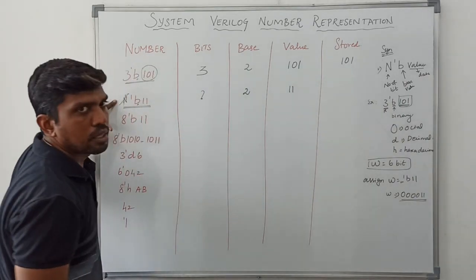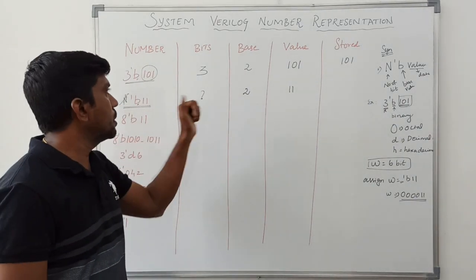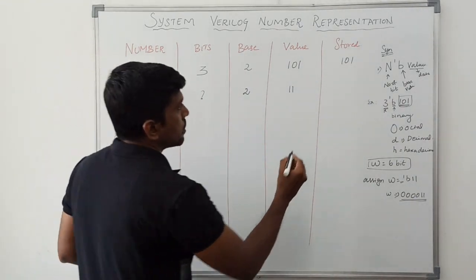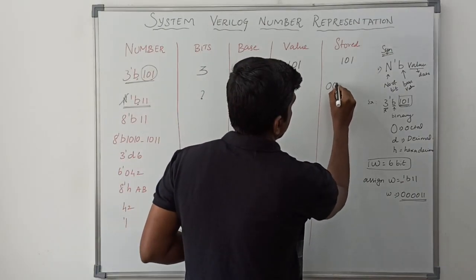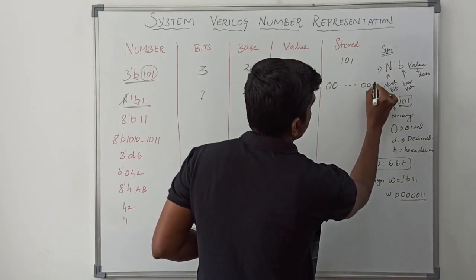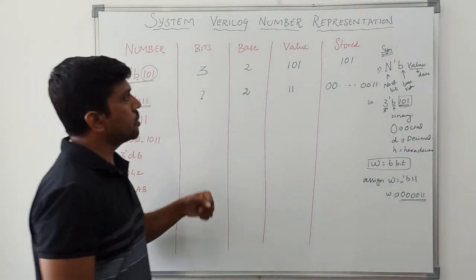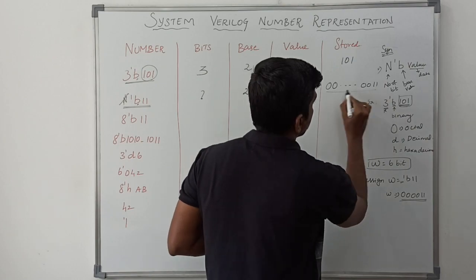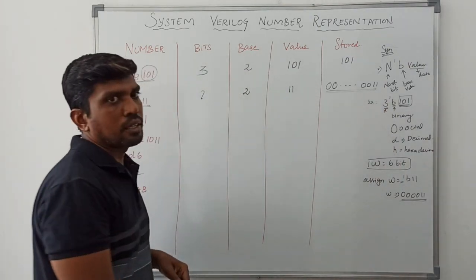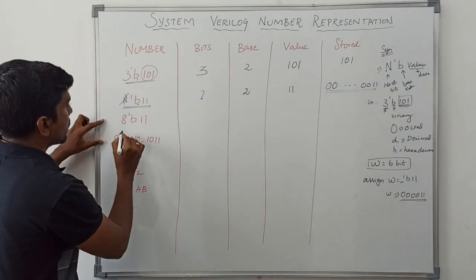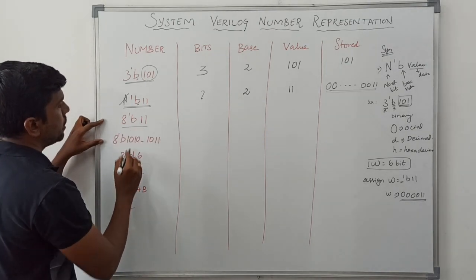How is this stored? It is stored like this, because we don't know the number of bits, so it takes the default width.